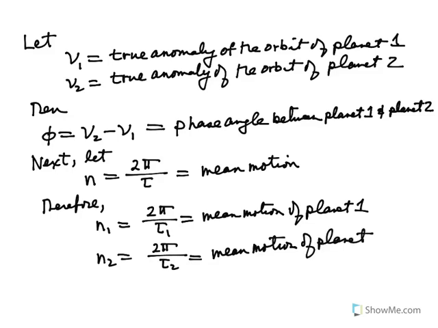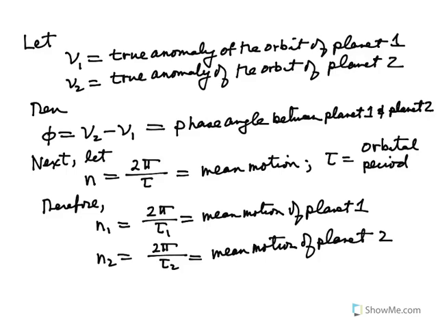Now, we have to remember that tau is the orbital period. So it's the same orbital period that we have defined previously, and so tau 1 and tau 2 are the orbital periods of the orbits of planets 1 and 2, respectively.